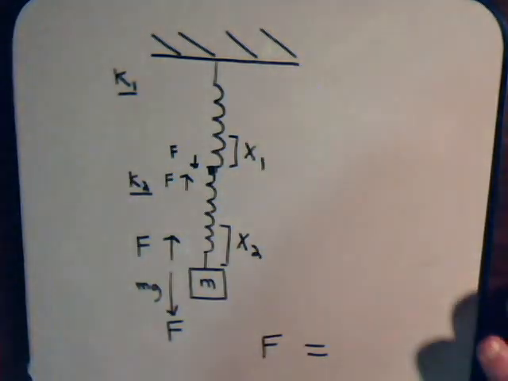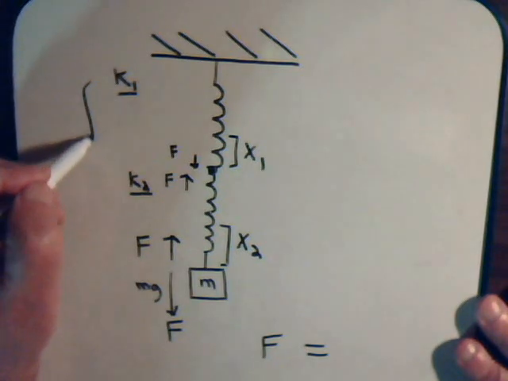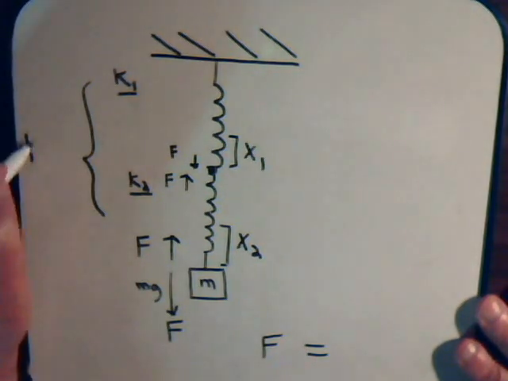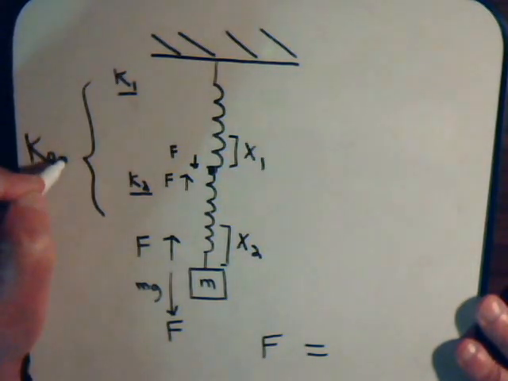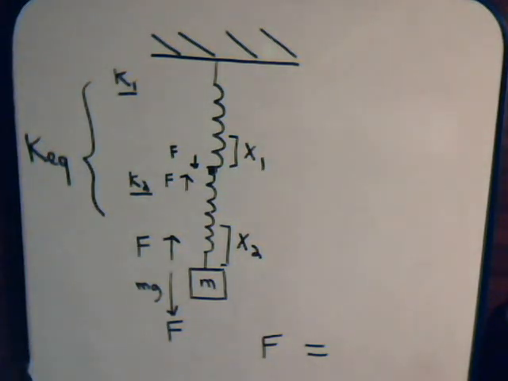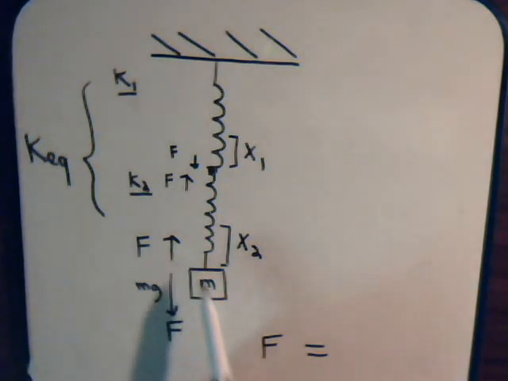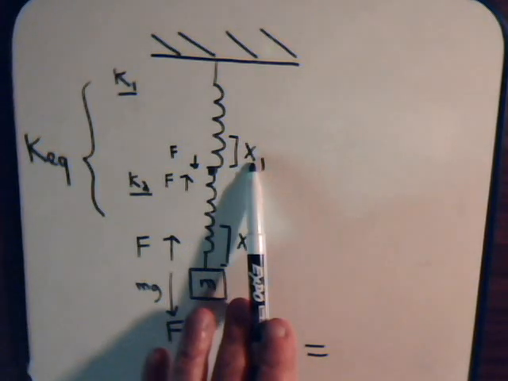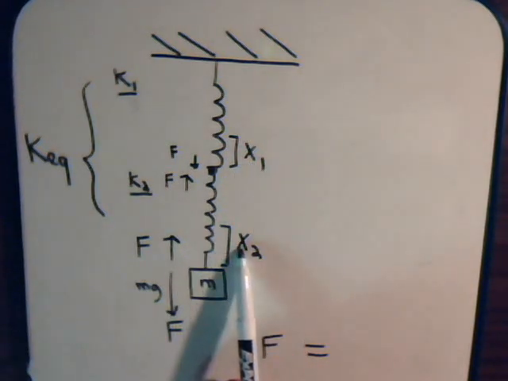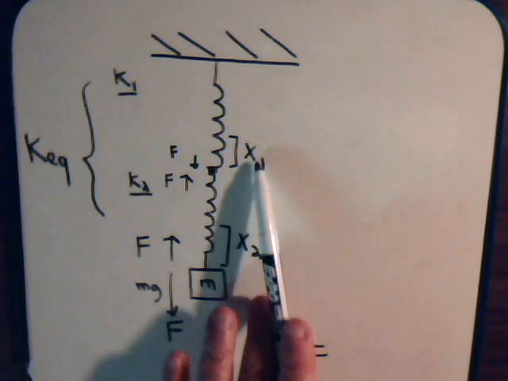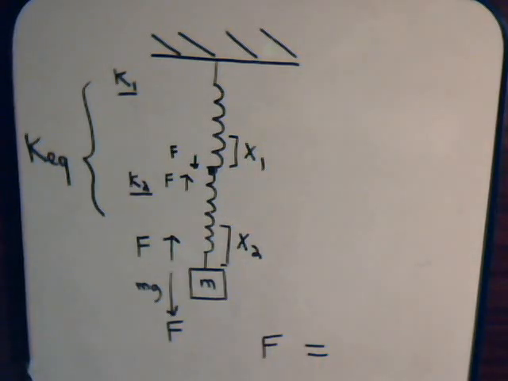For the system as a whole, that will have an equivalent spring constant, and this restoring force F, the system as a whole gets displaced by x1 plus x2, the amount of displacements for each one of these individual springs.